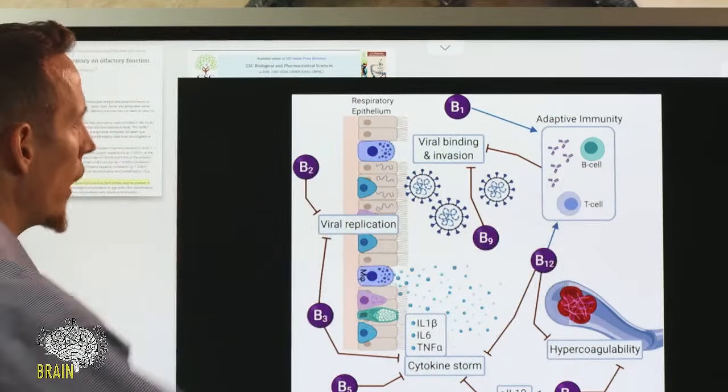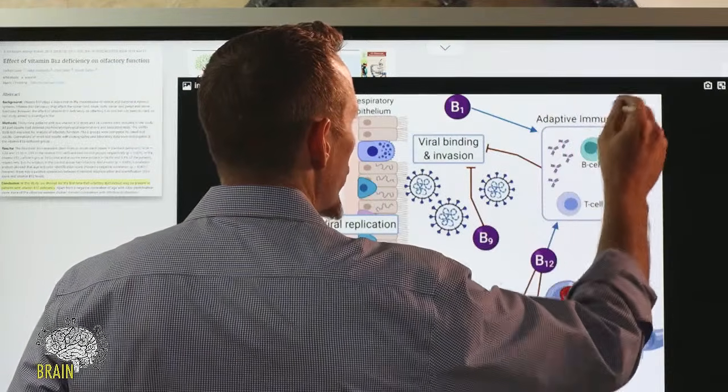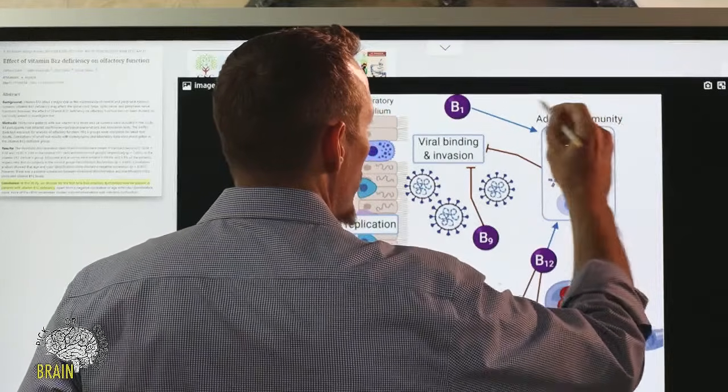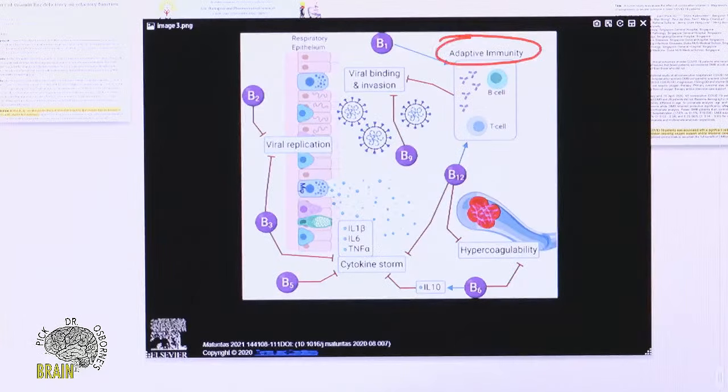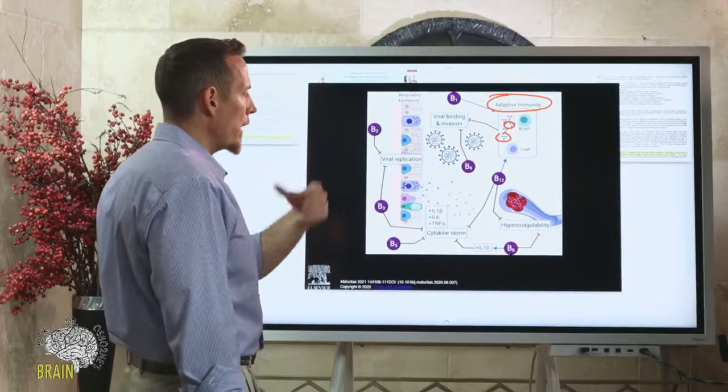This is what everyone's after, the ability to produce healthy levels of antibodies, right? You've got T cells and you've got B cells. The B cells produce the antibodies. That's what these little things right here are. Those are antibodies that help bind onto viruses and prevent them from basically taking over.